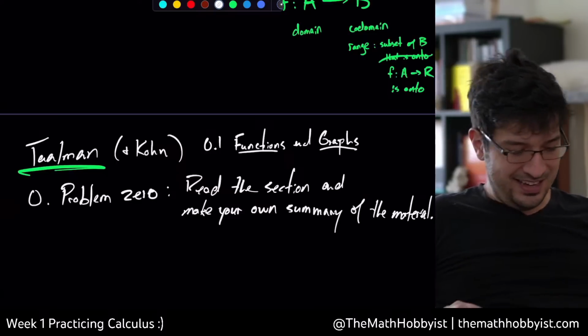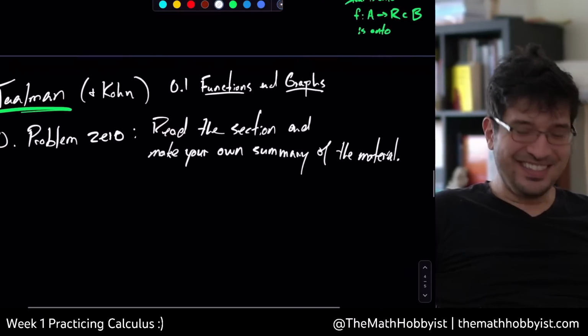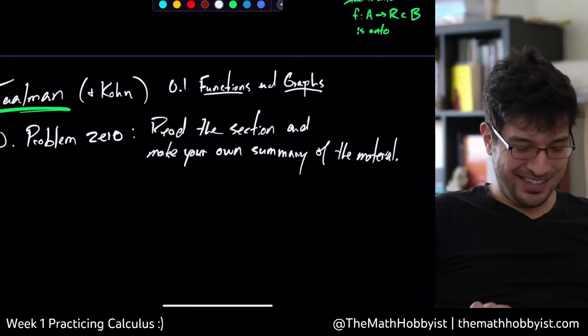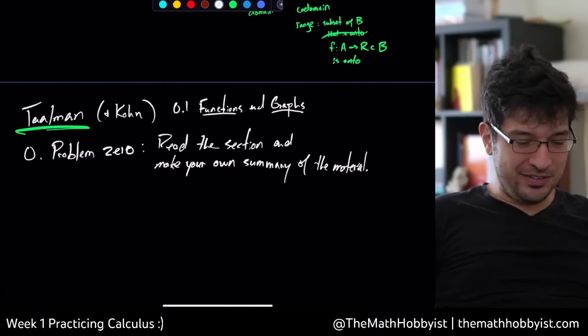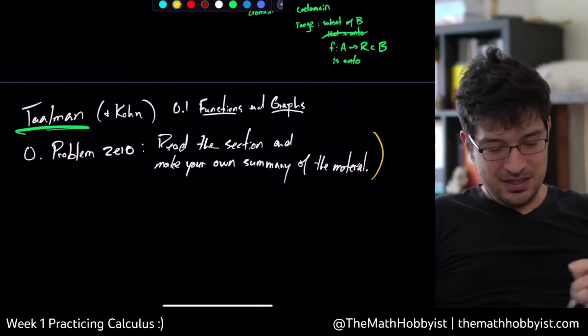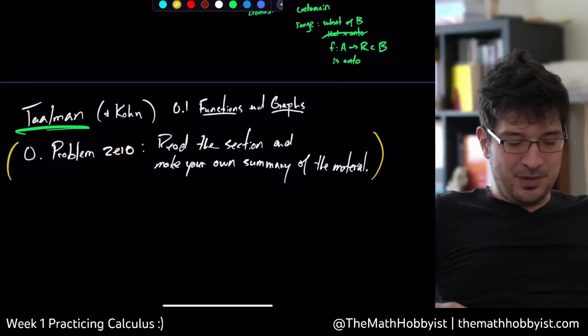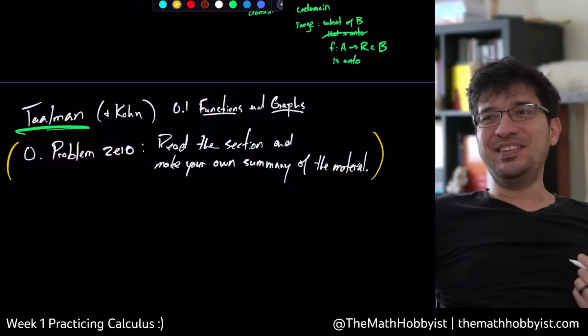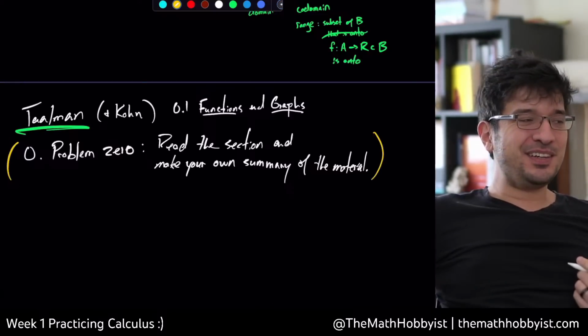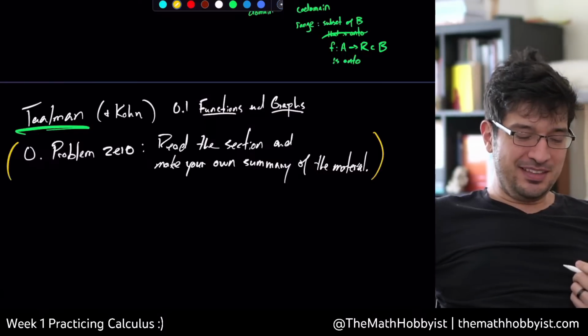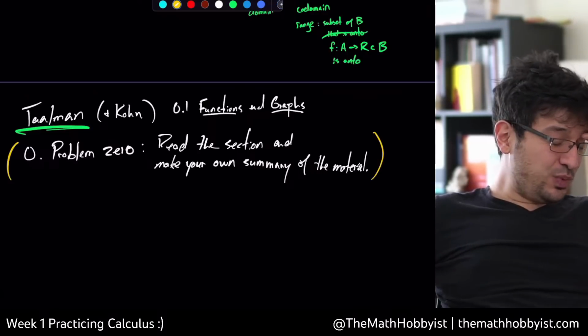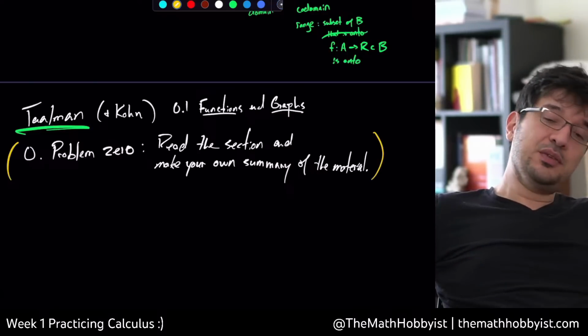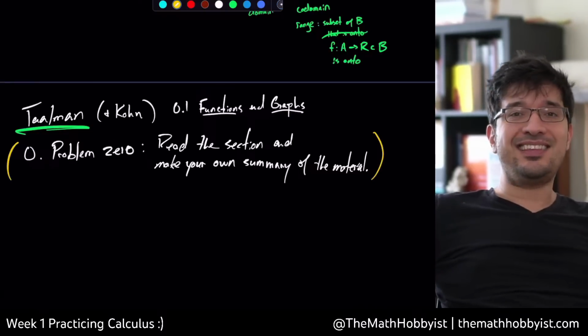I love it. Every single problem set in this book, there's always problem 0. Take some damn notes. Actually read the section and make your own summary. I think that's a great thing to explicitly assign to the reader.